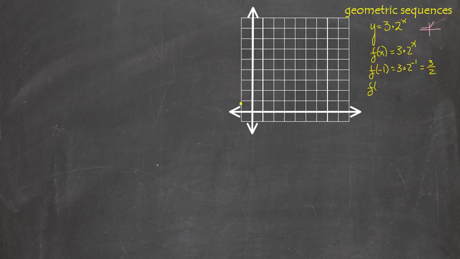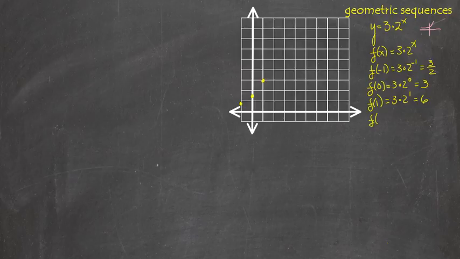Now the f of 0 is 3 times 2 to the 0. 2 to the 0 is 1, so that just equals 3. The f of 1 is 3 times 2 to the first power. Well, that's just 2 times 3, which is 6.